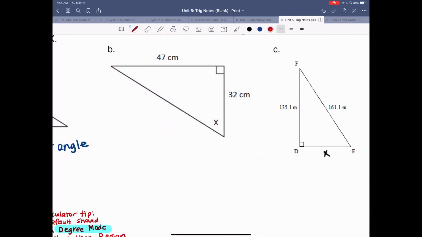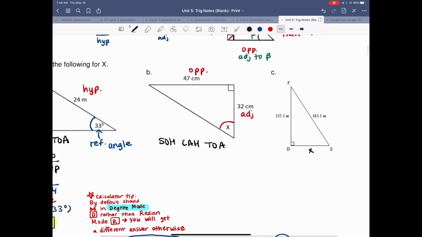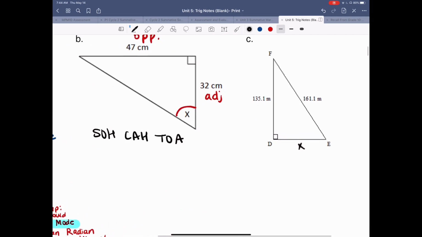Question B, so this is the reference angle. I'm going to start labeling at this point. The 47 is opposite to my x, so I am going to write opposite there, and this side is adjacent. I'm using the primary trig ratios to help me solve for x, because that was the original question.